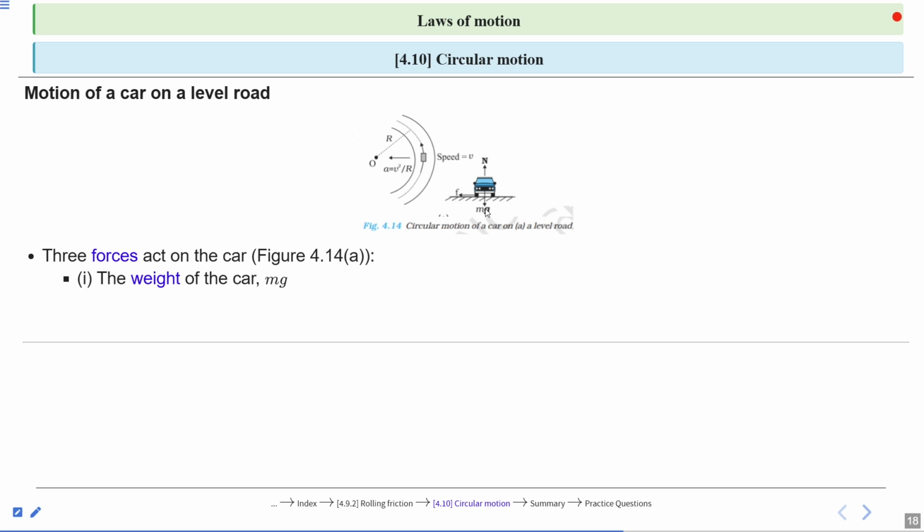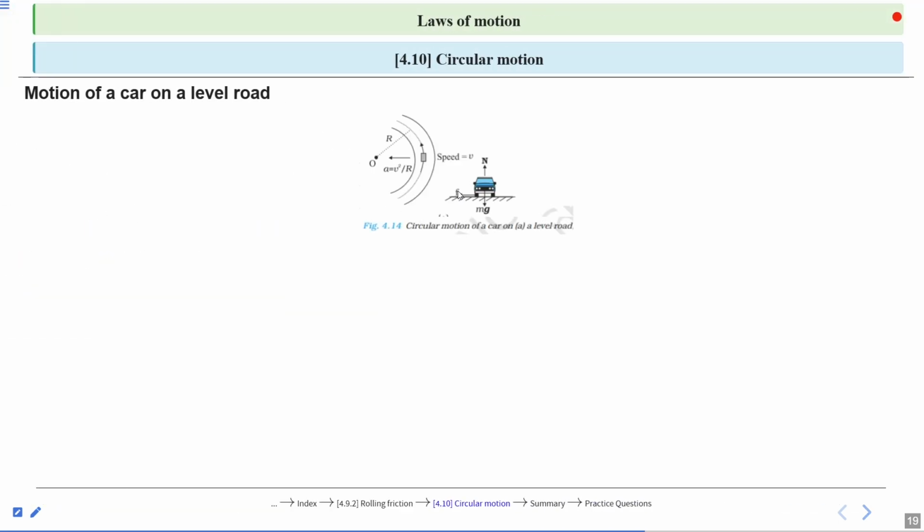Second, the normal reaction, N, to balance the weight of the car, acting vertically upward. Third, the frictional force, F. Here F is the centripetal force that helps the circular motion.